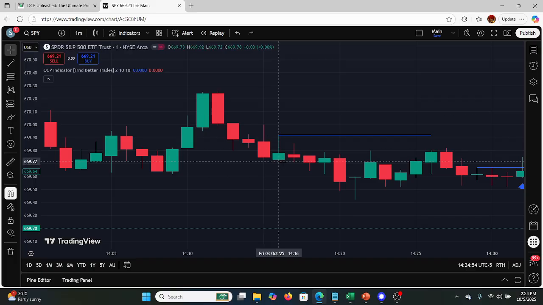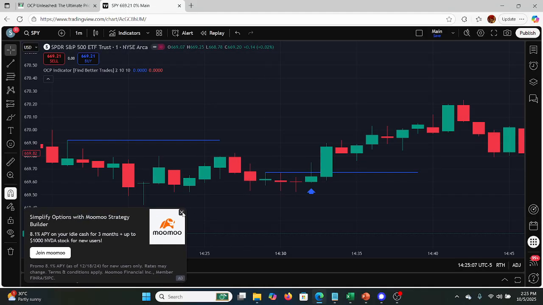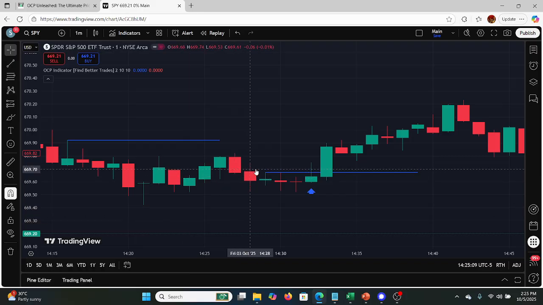Here's another failed one, but it wouldn't be a trade you'd get into because there was no break of this line. So you have to wait for the break of this line, like this one. So we had a doji-like candle here, it had a bit of a tail. I'm not sure how the system detects whether the tail is big enough or not. That's kind of proprietary information, I think.